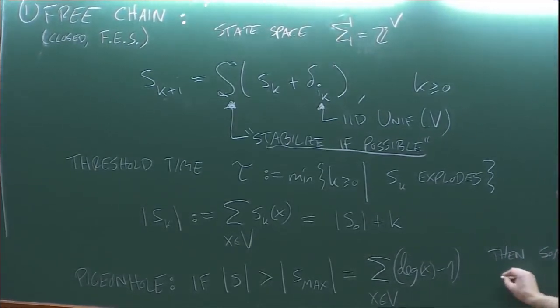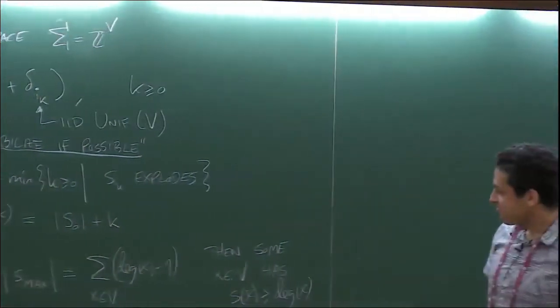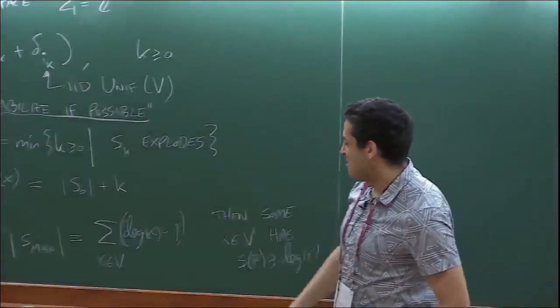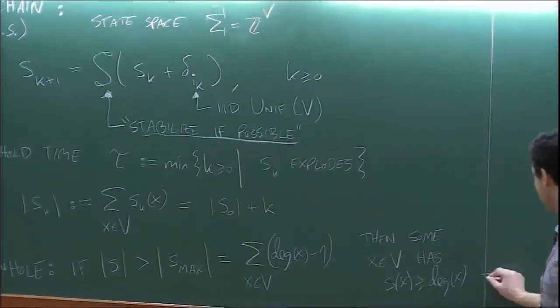So some x in V has at least degree of x chips. And that will be true no matter how many topplings you do, because topplings conserve chips. So a sandpile with more chips than this has to explode.